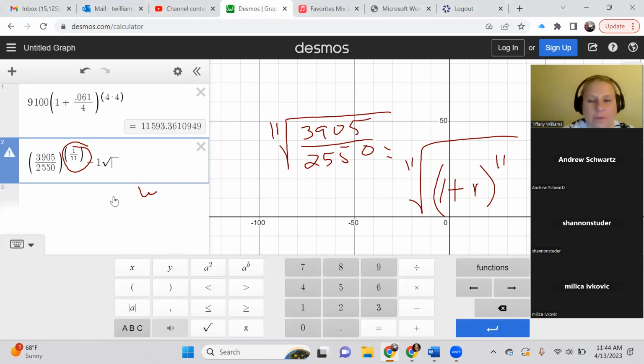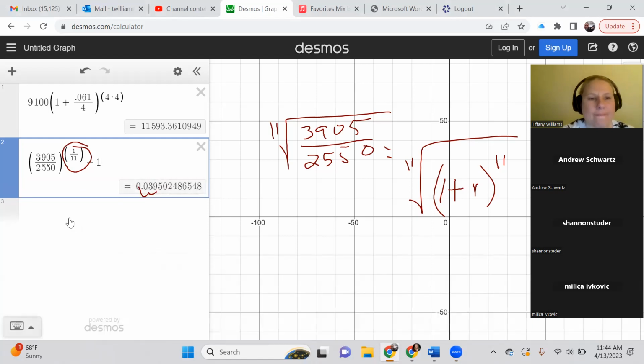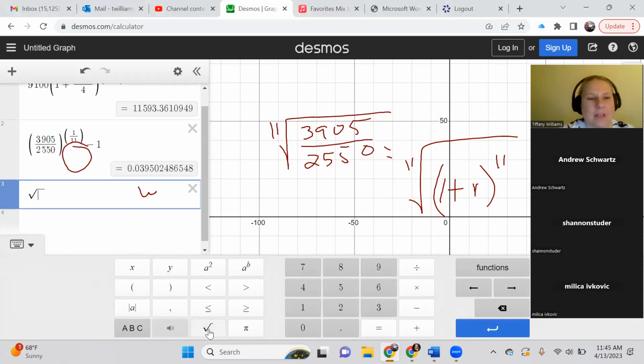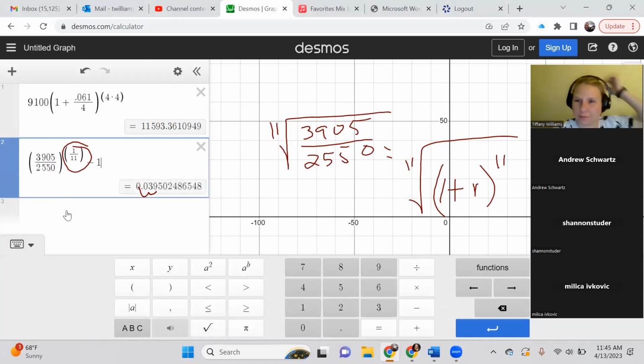Can I put an 11 in front of it? Nope. Honestly, I don't know how to punch in an 11th root on Desmos. But anyways, Andrew, that's why I did it, because I cheated. Yeah, that's not an 11th root. I don't know how to do any root other than square root. I have to look it up.